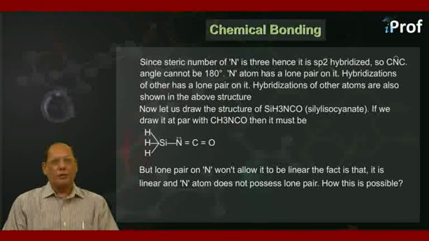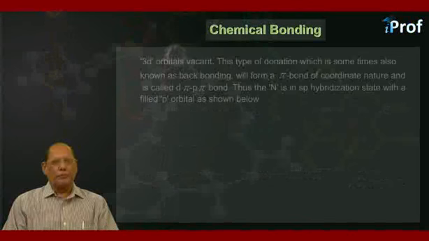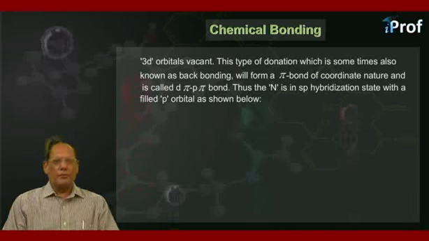How is this possible? This is possible by donation of the lone pair by nitrogen to silicon, which has all its 3d orbitals vacant. This type of donation, which is sometimes also known as back bonding, will form a pi bond of coordinate nature and is called d pi p pi bond.